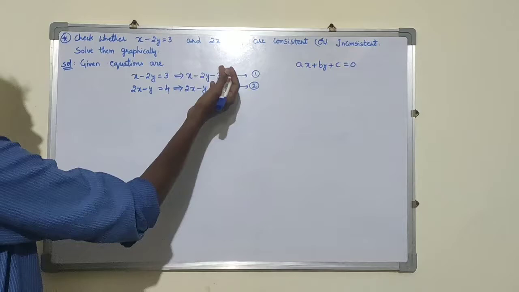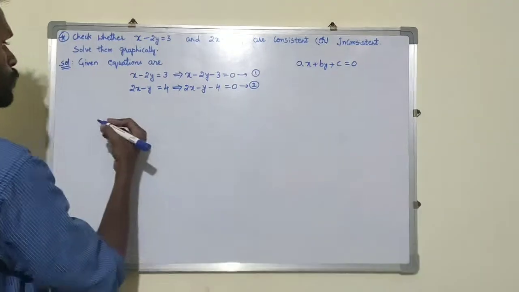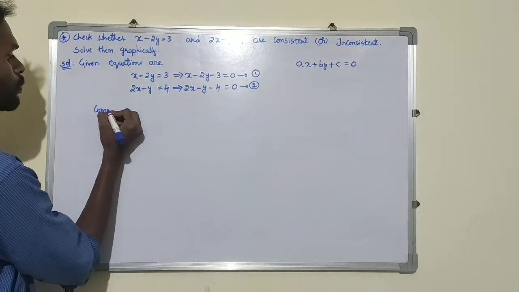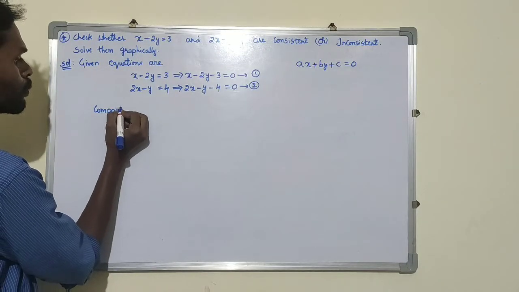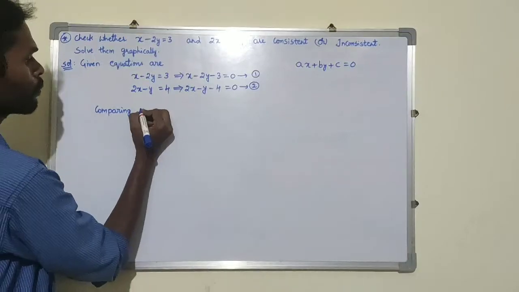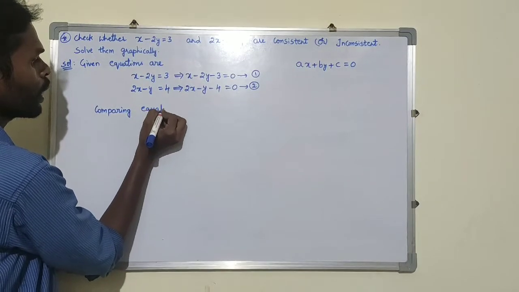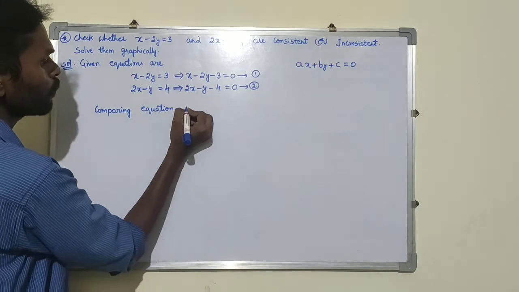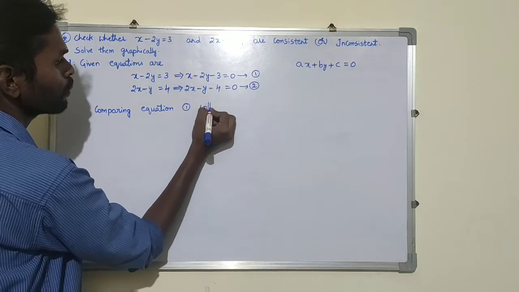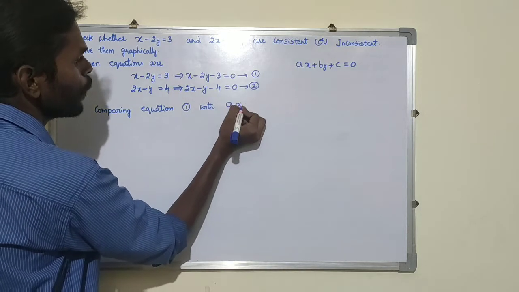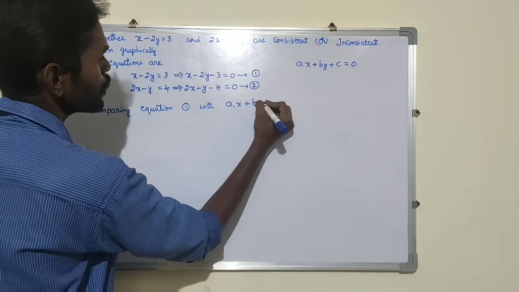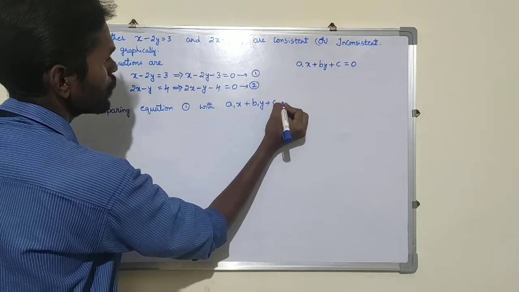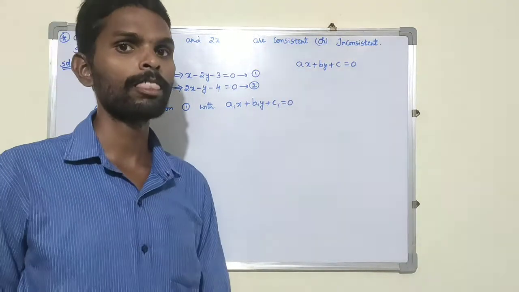So compare these equations to these forms. Comparing equation 1 with a1x plus b1y plus c1 equal to 0.